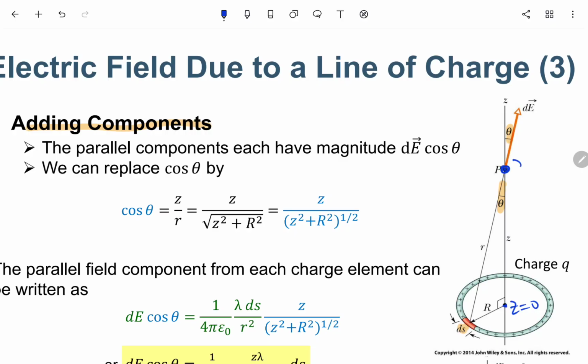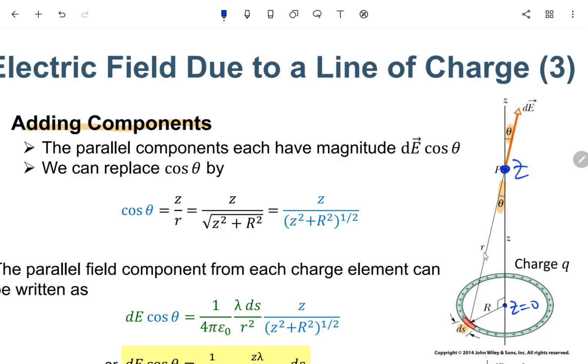So this part is z. This part is c. And then we would like to find the E field here, generated by this ds. So the distance from this ds to the point P is important. So this is r.